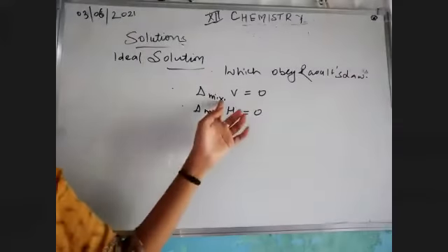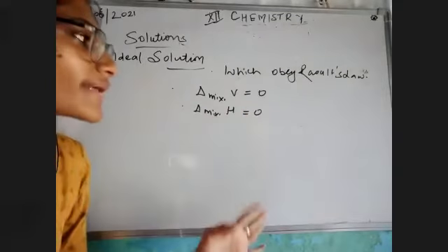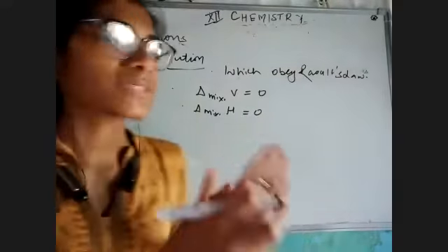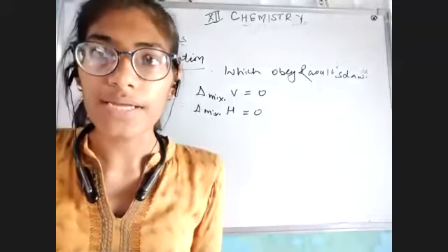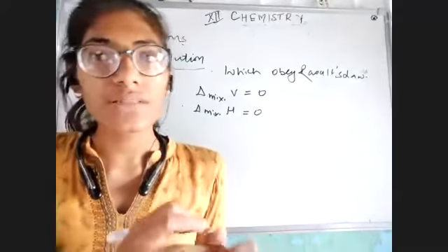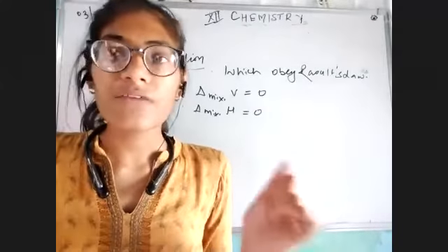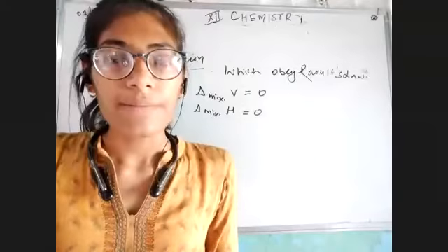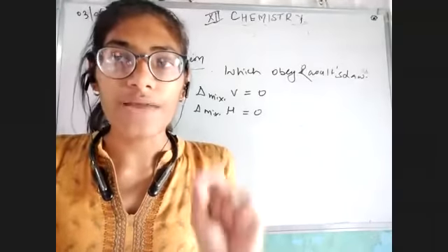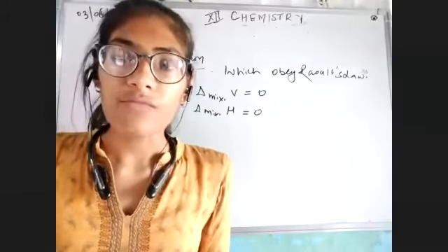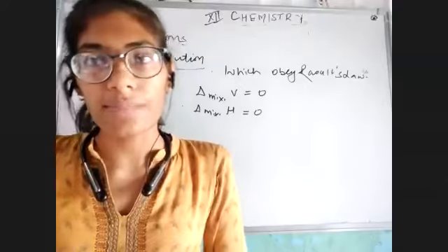Moreover, delta mixing V suggests that whenever we mix the two components, there is no change in volume either. That means if I take 5 ml and dissolve it in 5 ml of another component, we will get a total of 10 ml of solution.